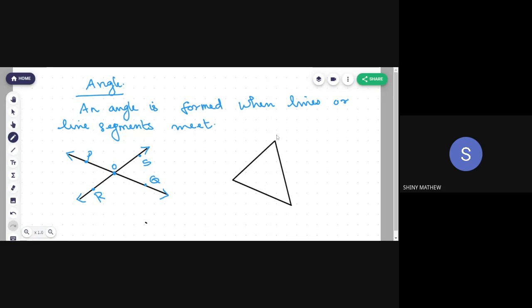Then in the next figure we can see AB, a line segment. Then BC, another line segment, and AC, the third one. Here also we can see some angles. These are the angles: angle A, angle B, and angle C. These are the three angles. Now here also we can see different angles.